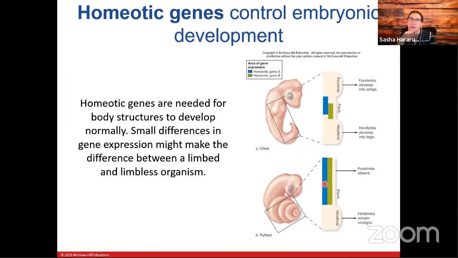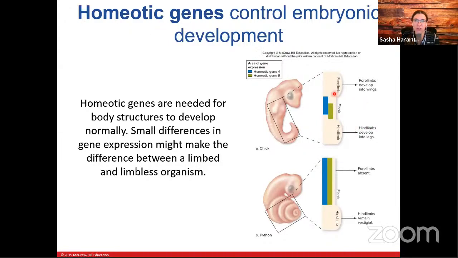In fact, I'm not sure if you guys remember, but many lectures ago, I showed a picture of a fly that had legs growing from its mouth. That was caused by a genetic mutation in homeotic genes.